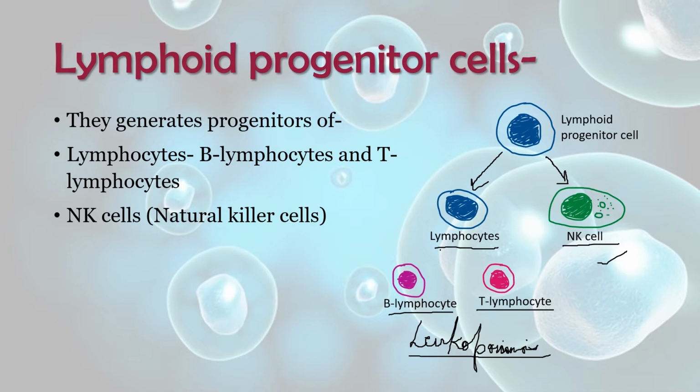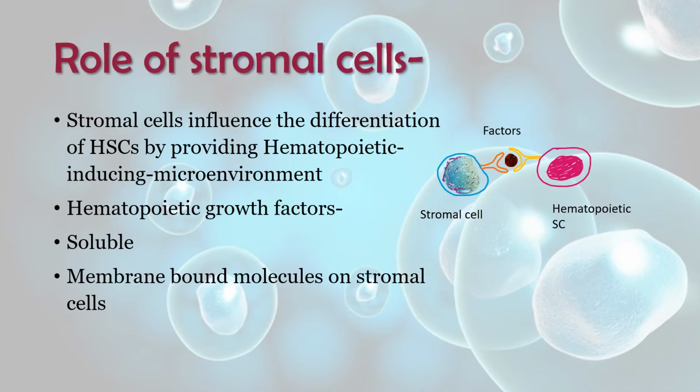Now the role of stromal cells. Stromal cells include fat cells, endothelial cells, fibroblasts, and macrophages. Basically, they influence the differentiation of hematopoietic stem cells by providing a hematopoietic inducing microenvironment. So how does this hematopoietic stem cell know that it has to differentiate into a particular type of cell lineage?